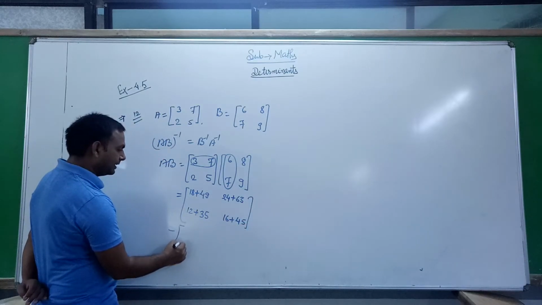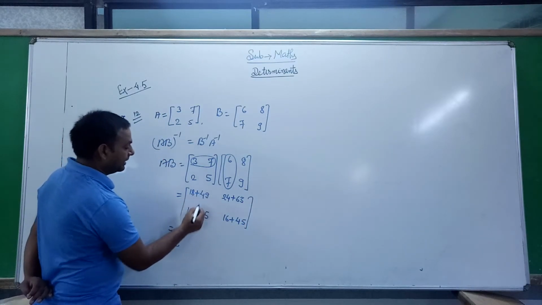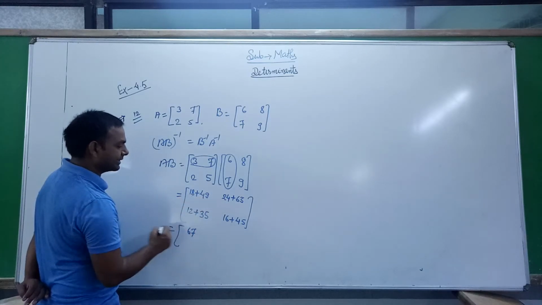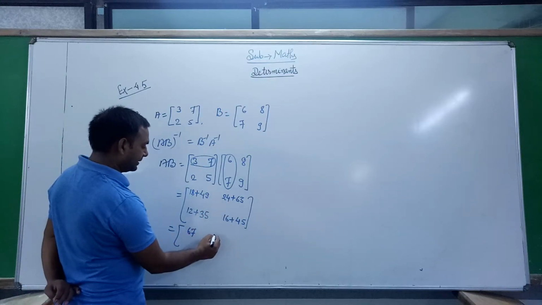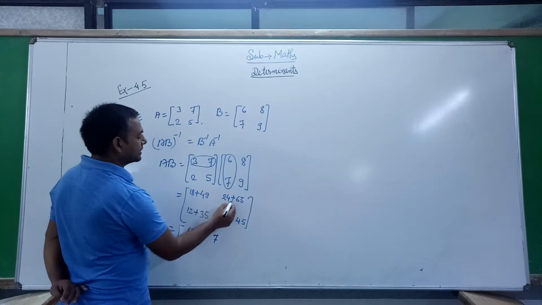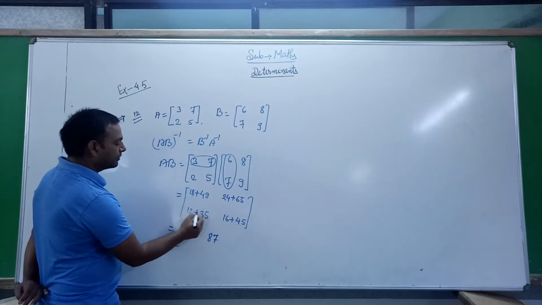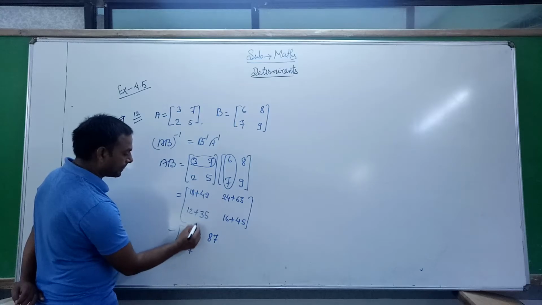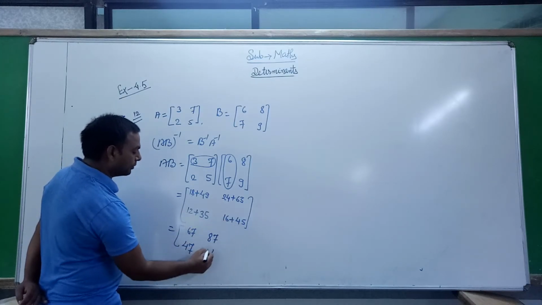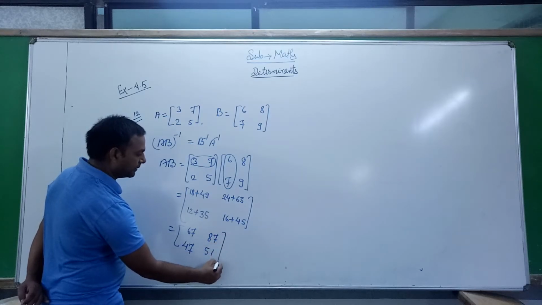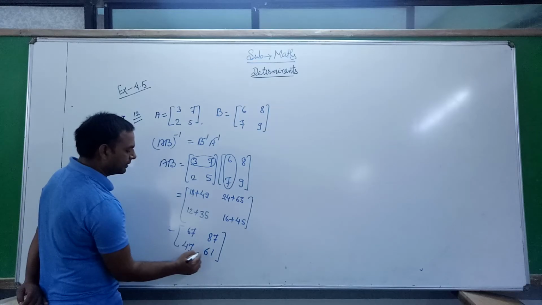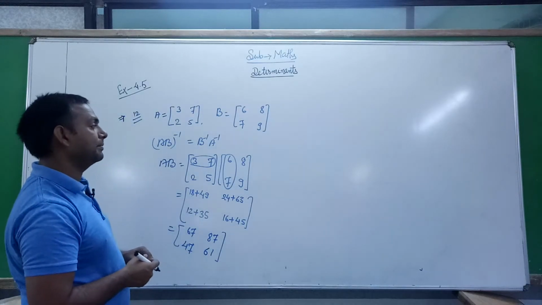Then you add these up, and we get the final entries. So this is the value of AB.